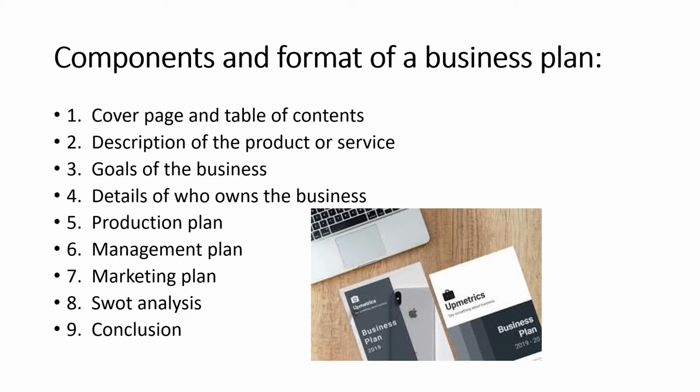Now we're going to get to point 4, details of who owns the business. Okay, now a business plan should include a description of the form of ownership that you have chosen. It is helpful to explain why this particular form of ownership is the most suitable form for your business.